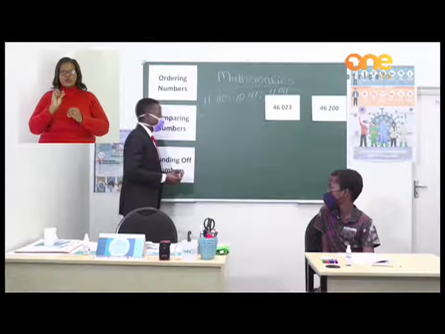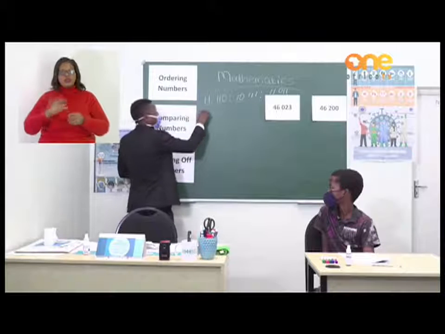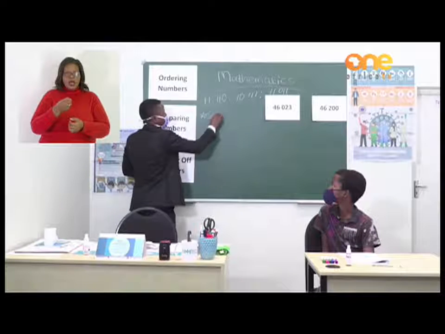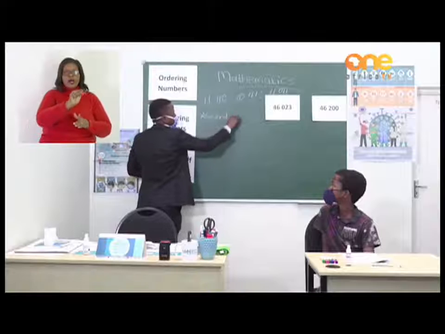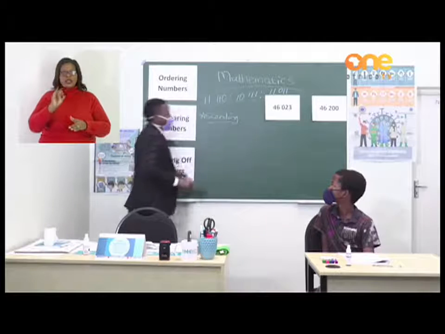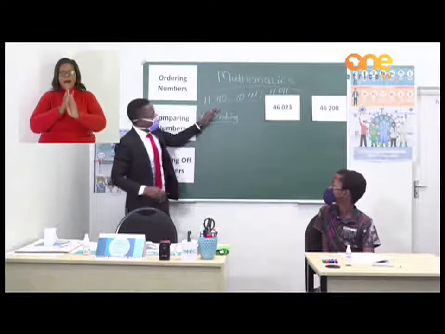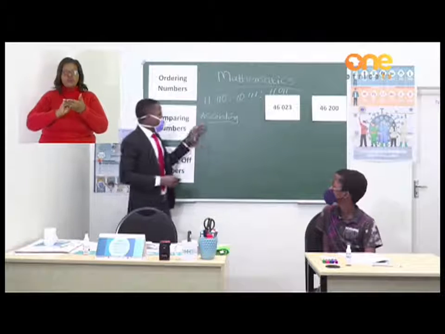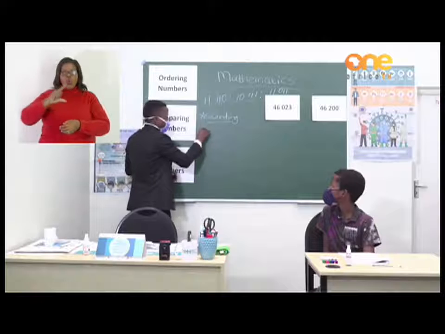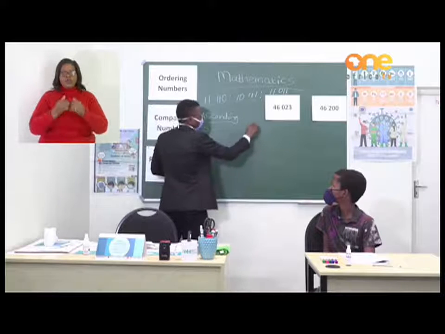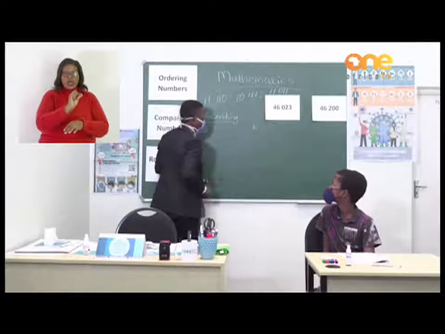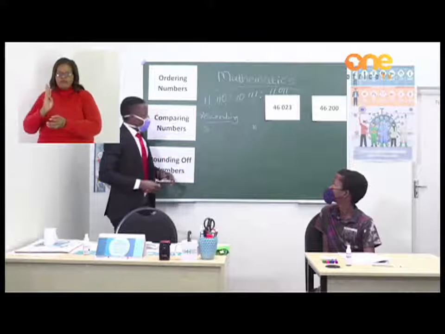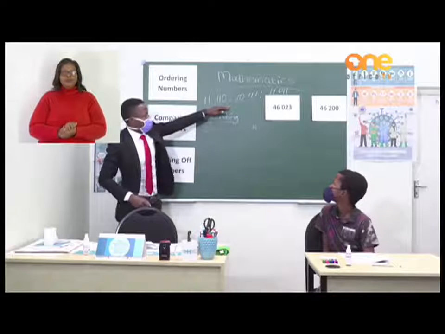Let's say we are putting them in ascending order. If I have to arrange these numbers in ascending order, I must first start with the smallest number and I must end with the biggest number. So, look at the 3 numbers.